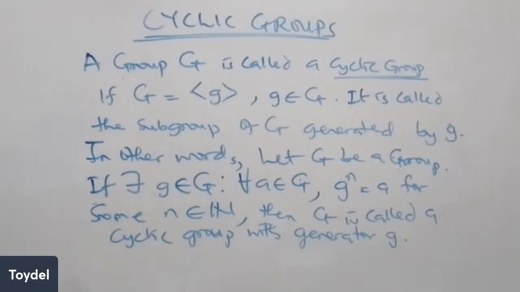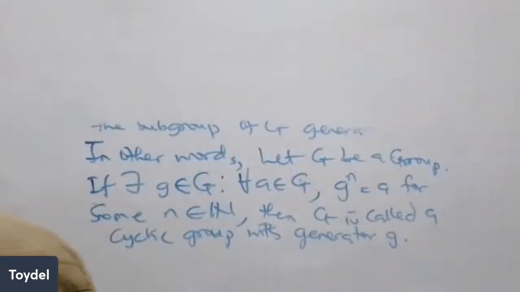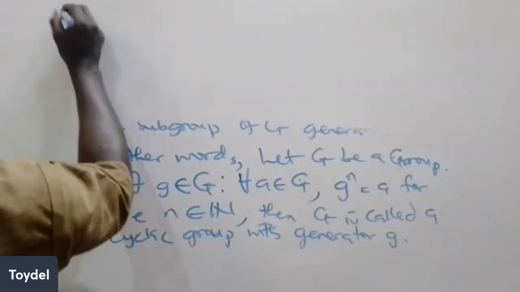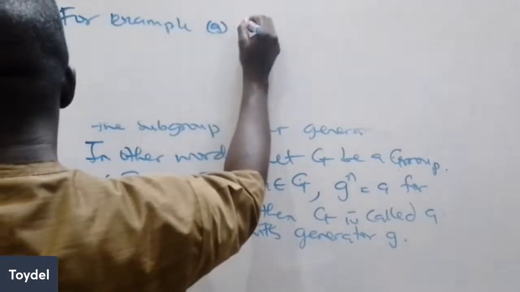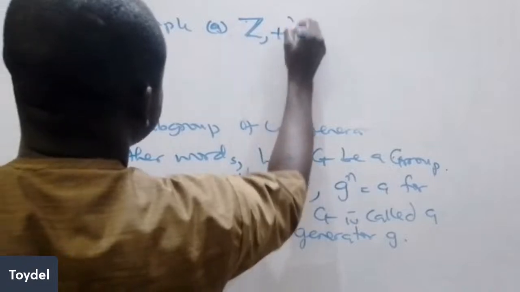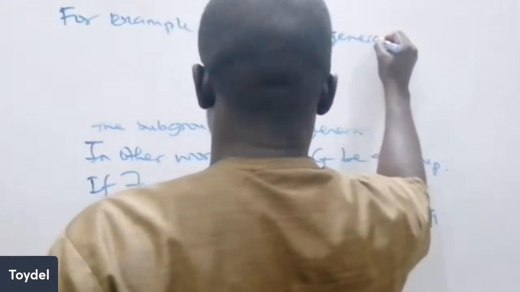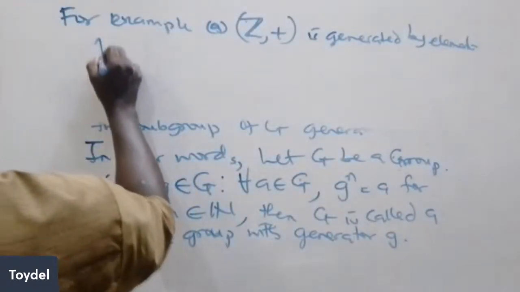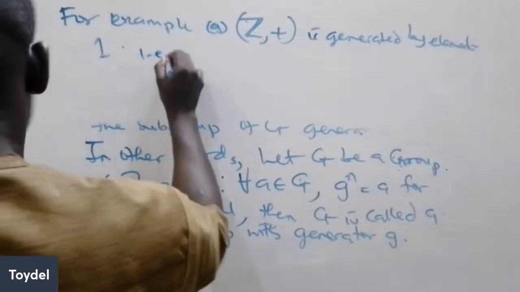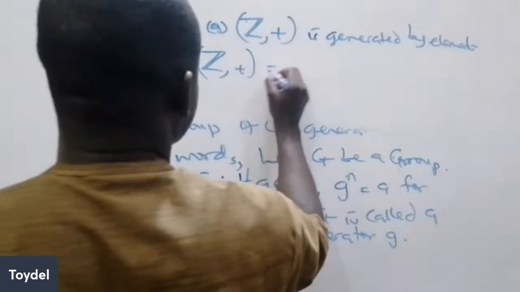Okay, I'm going to give an example now. For example, the first one is the integers under addition. The integers under addition are generated by the element 1. We all know the integers under addition is generated by 1.